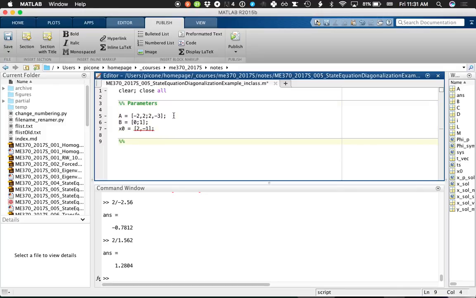So then we'll do the eigendecomposition. And the syntax is modal matrix, eigenvalue matrix equals eig of A, right? And let's just print that. Let's just see what it does.